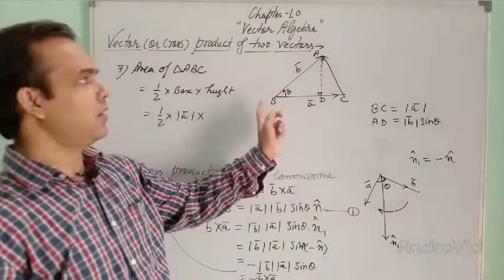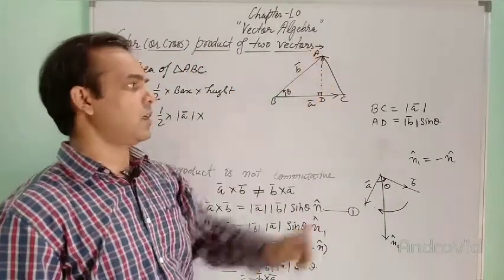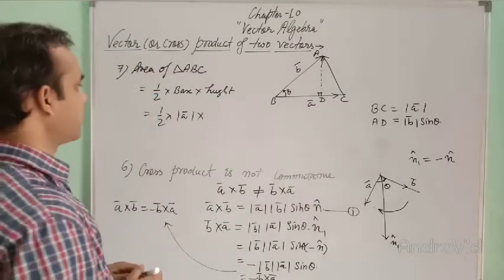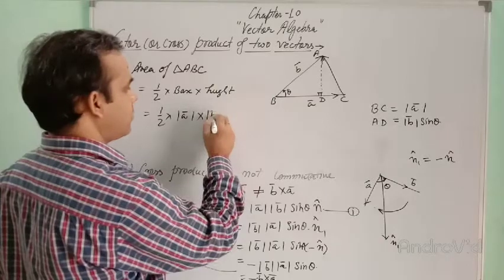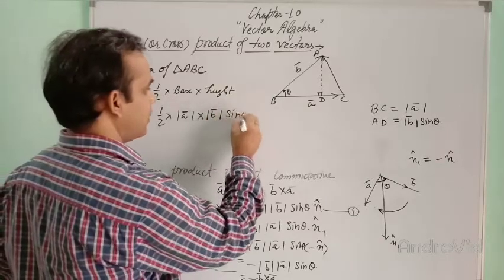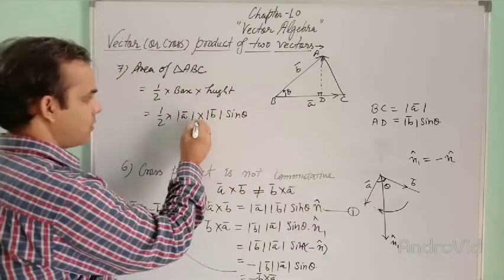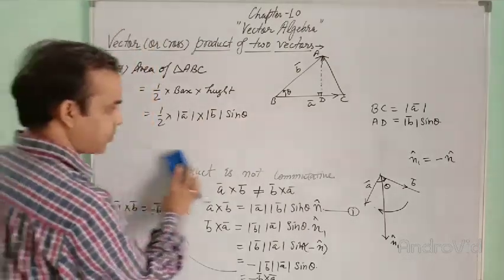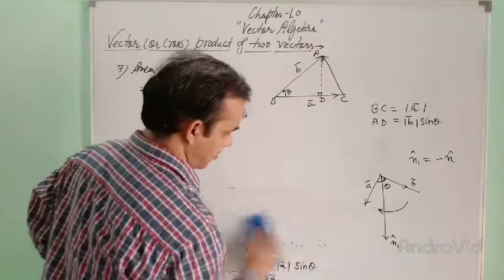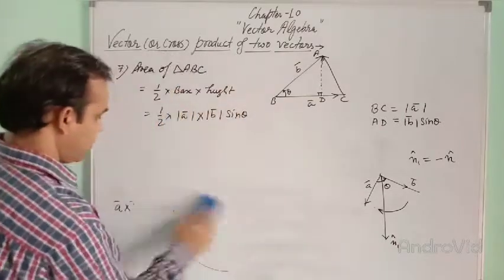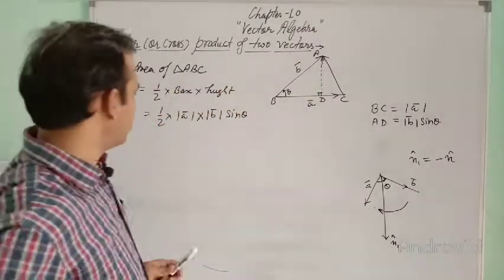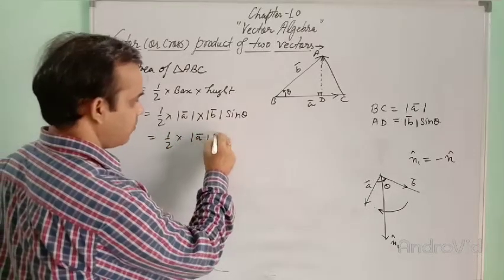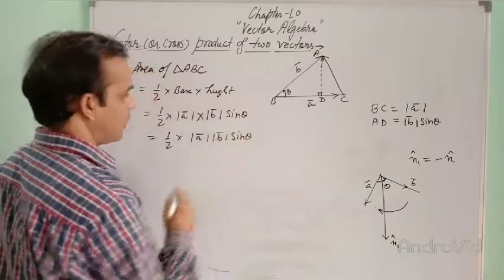Clear? AD will be magnitude of B times sin theta. It will be the length of AD, that is the height of triangle ABC here. So here we can write B sin theta. Here this cross sign is actually the simple multiplication sign. It is not the cross product operator. So simply it is 1/2 into AB sin theta.